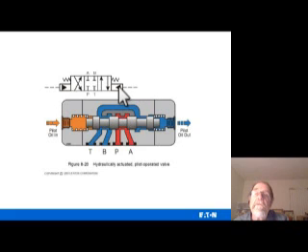And if you've got fluid on the right side, it's going to move it to the left, and then you'll have straight through. And when there's no fluid, it's spring centered, so it's going to go back to the center where all ports are blocked.